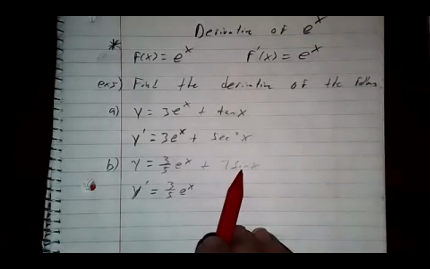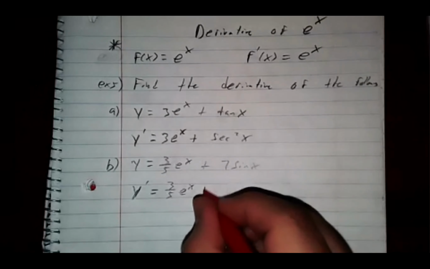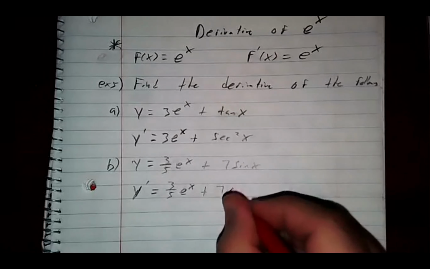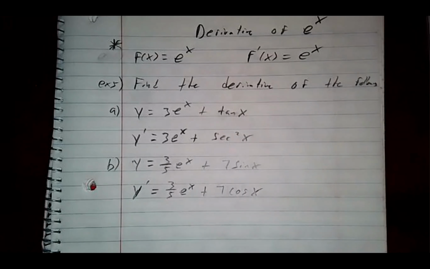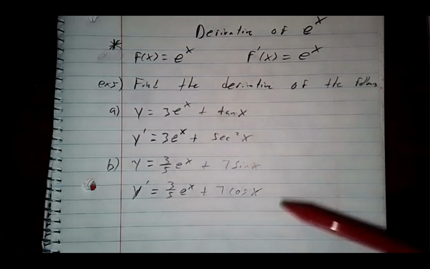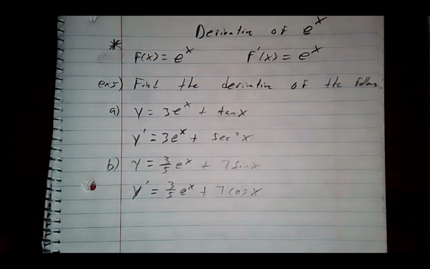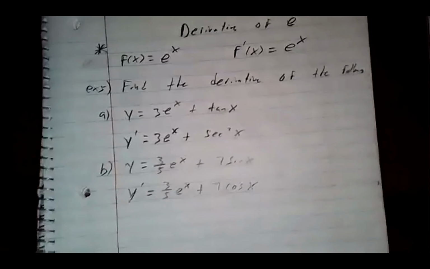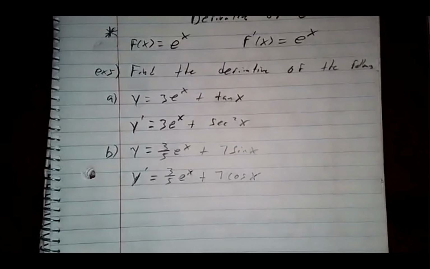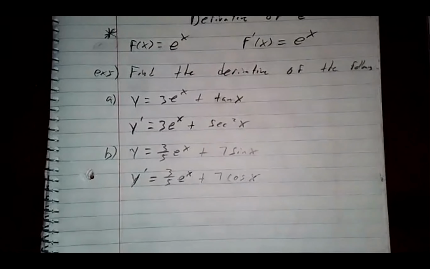It will be similar to the last question. It will be 7 cosine x. You guys have any questions about e or the trig function so far? If not, I'm going to go back to another question. I think we're good. Let me know if you're not good.